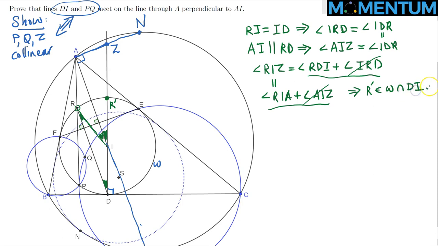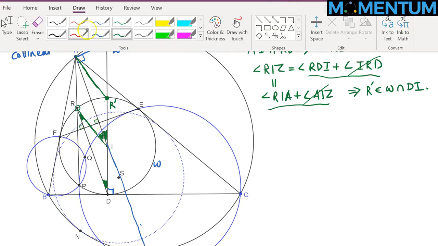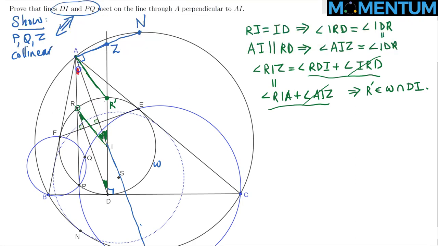That's pretty neat. Now, because R prime is the topmost point, if you extend this, we already established that those two angles are congruent. We have a reflection. R and R prime are reflections of each other across AI. So that suggests that those two angles are equal here on top.